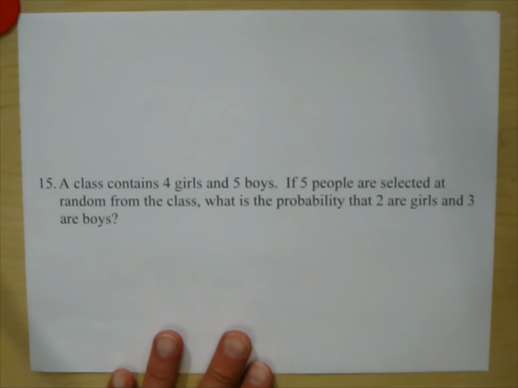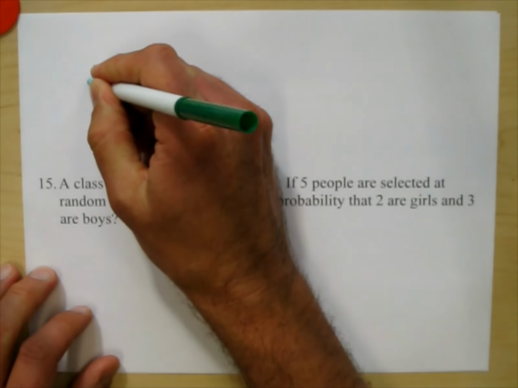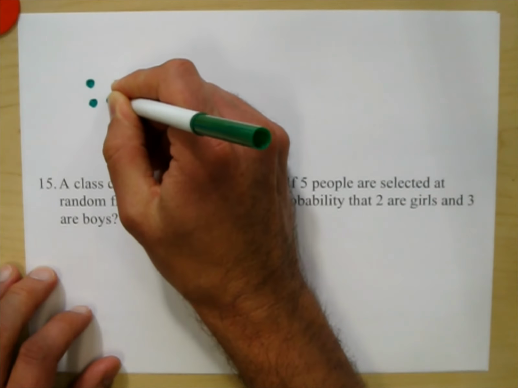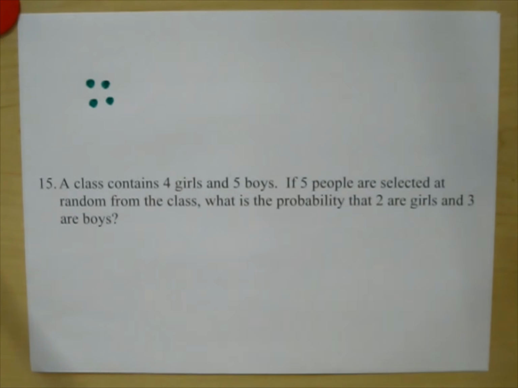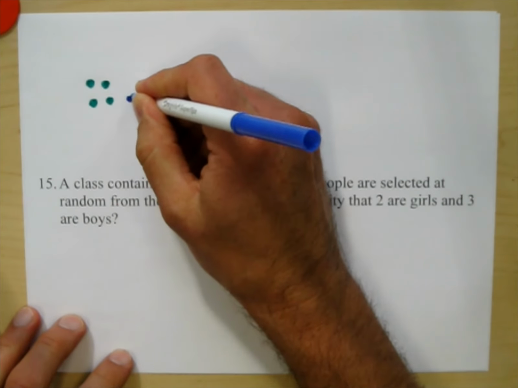A class contains 4 girls, which, since girls start with G and so does green, I'll go ahead and put 4 girls and 5 boys. Boys start with B, and so does blue, so 5 boys.